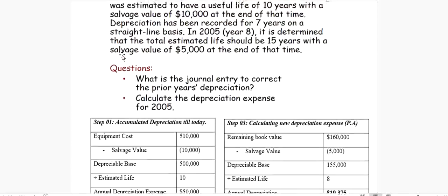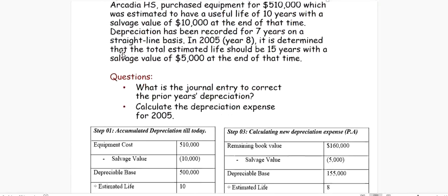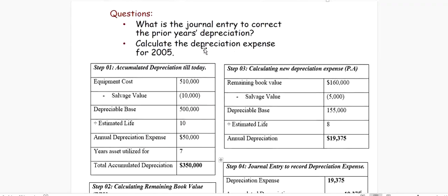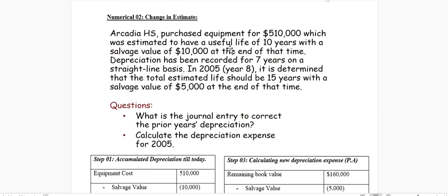Our objective, once again, if I summarize the numerical, was to calculate my updated depreciation expense. I had been using an old estimation of $10,000 salvage and 10 years with the cost of asset of 5 lakh 10 thousand. So my objective was to calculate what my fresh annual depreciation will be after these estimate changes.